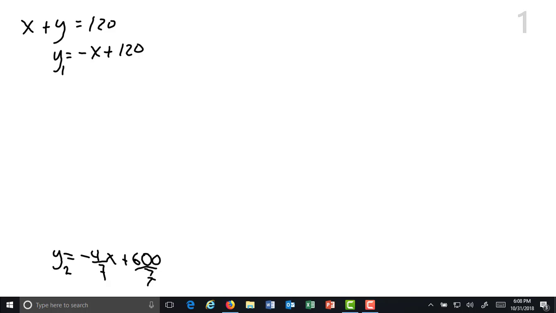Okay, so I have my 2 lines. And of course, I can now decide to do a little chart. Okay. So, if I do a little x and a little y, I can see that when x equals 0, what is y?